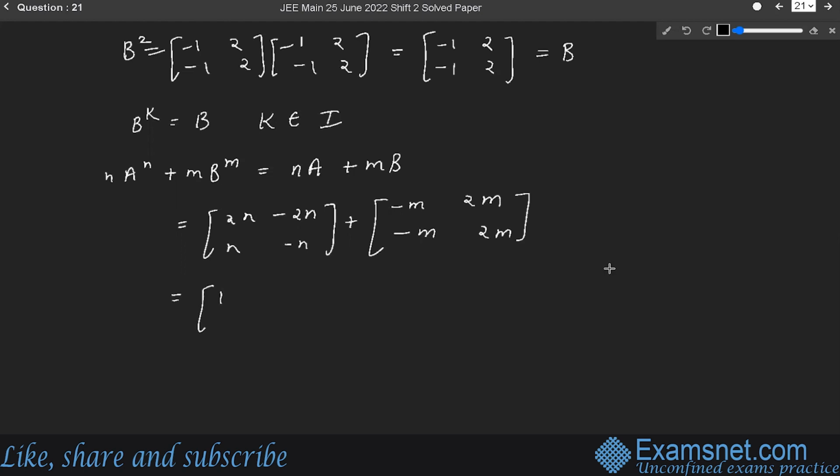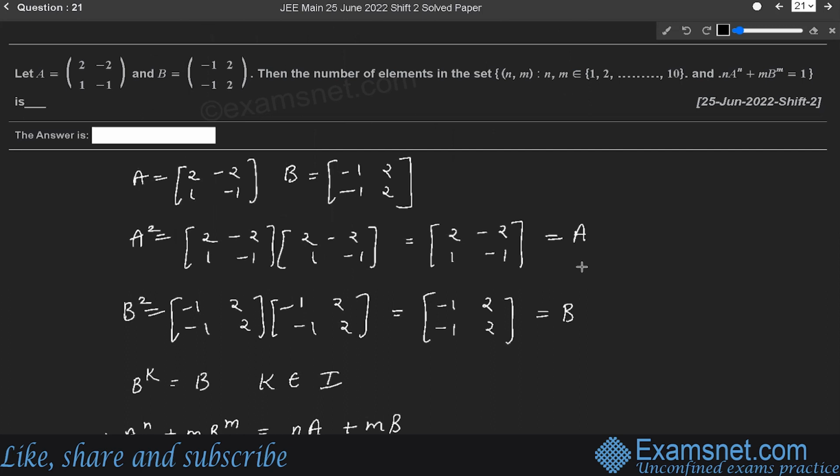So this will be equal to [1, 0; 0, 1], which is an identity matrix. So we can say that 2n minus m is equal to 1, minus n plus m is equal to 0, and 2m minus n is equal to 1. So (m, n) will be equal to (1, 1). Hence we can say that the correct option or answer for this question is (1, 1).